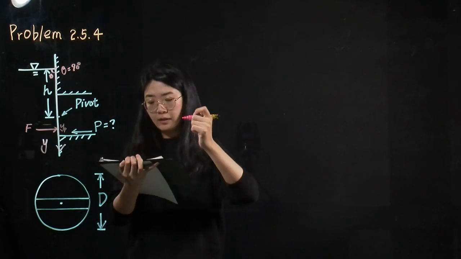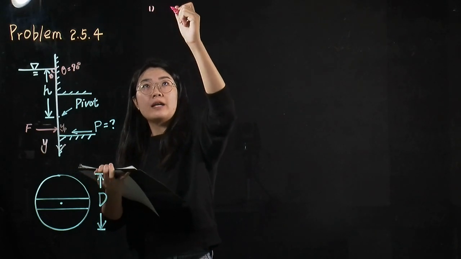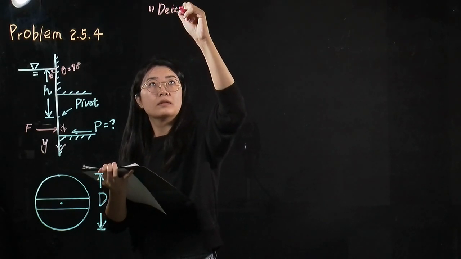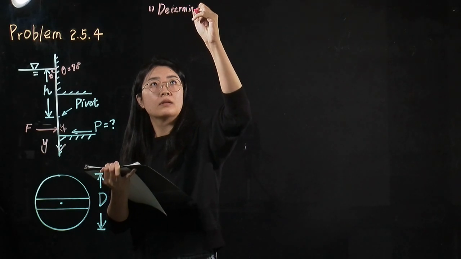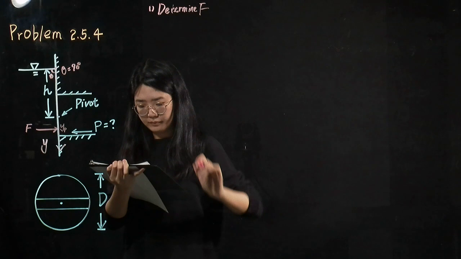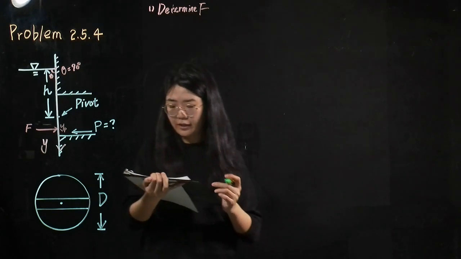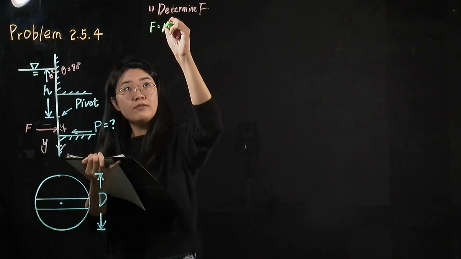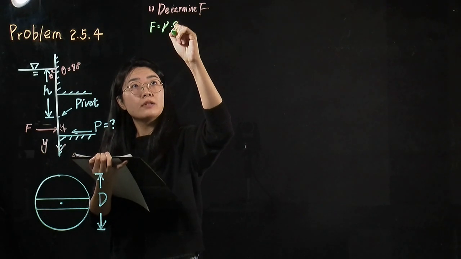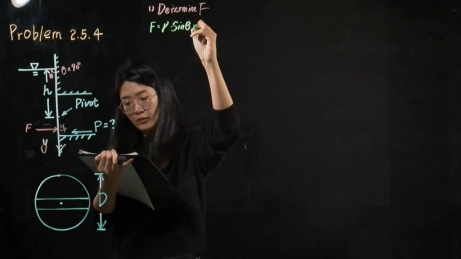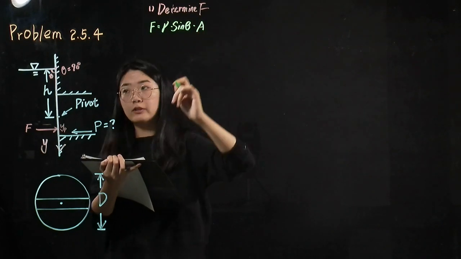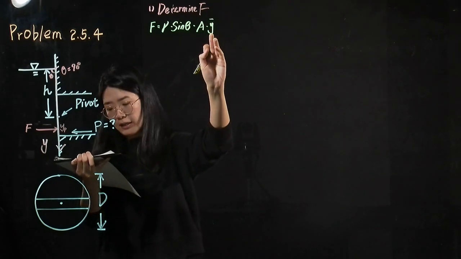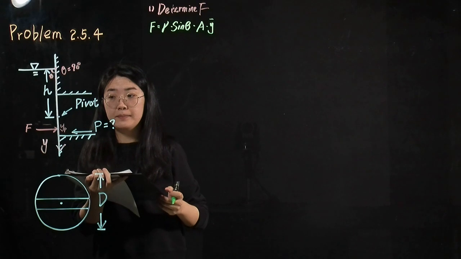Okay, to determine the magnitude of hydrostatic force, we use the equation F is equal to the specific weight of water times sine theta times the area of the circular gate times y bar. The y bar here is the coordinate of the centroid.